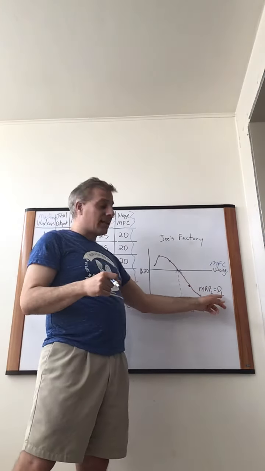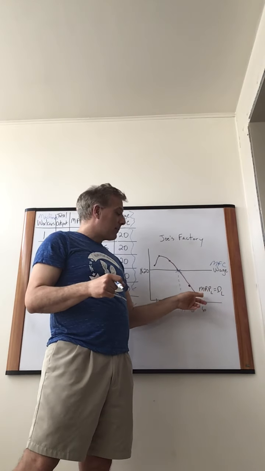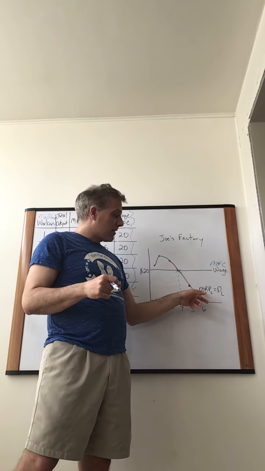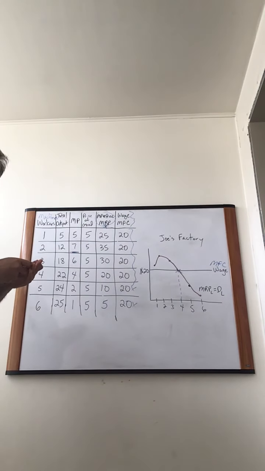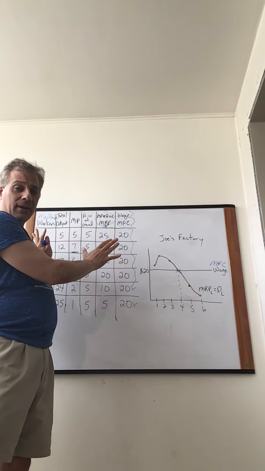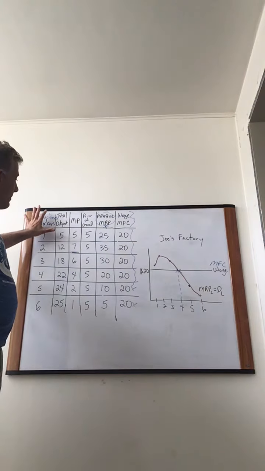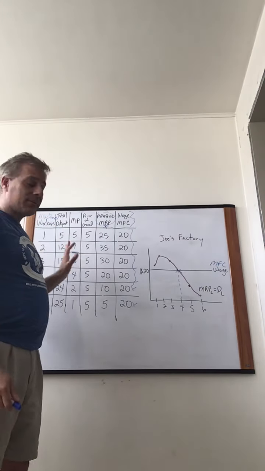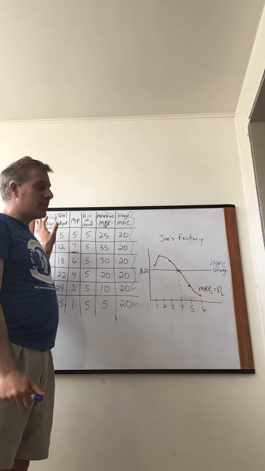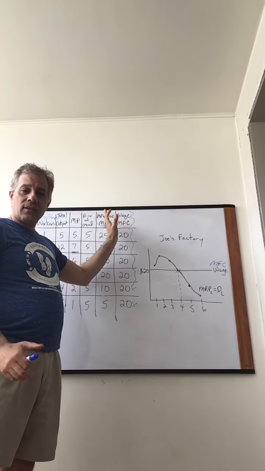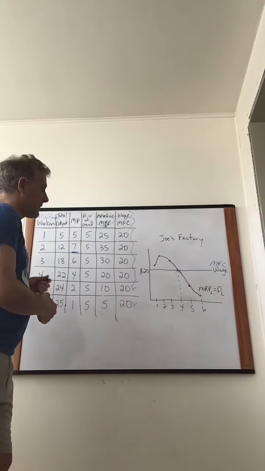Instead of demand for labor, this would be demand for capital. So don't just know the labor market; for the capital market, you just change workers to machines, and you change the wage to daily rent.